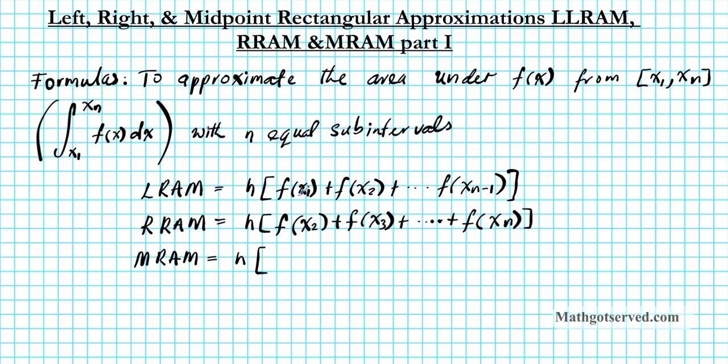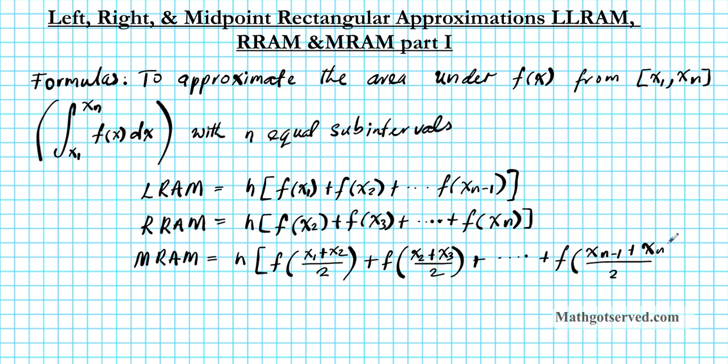So the midpoint of x1 and x sub 2, we have f of (x1 plus x2) over 2, plus the midpoint between x2 and x3, so f of (x sub 2 plus x sub 3) over 2. Follow that pattern all the way to the last midpoint, x sub n minus 1 plus x sub n, over 2. So these are the formulas.